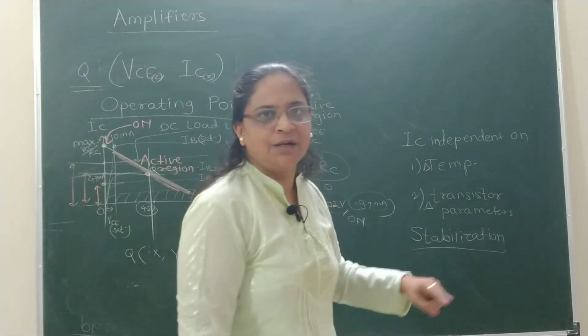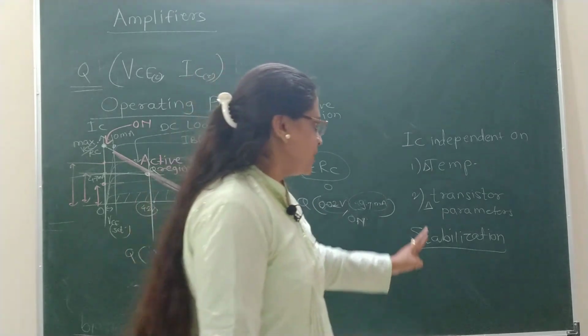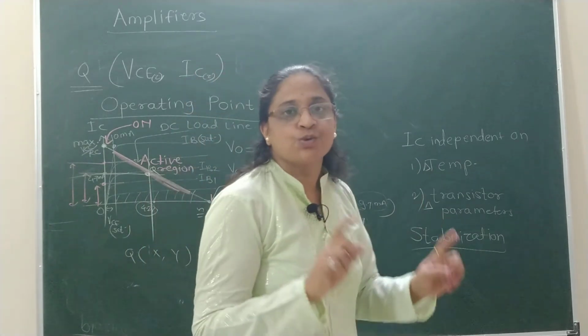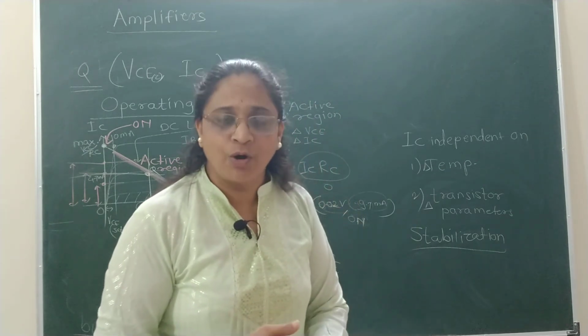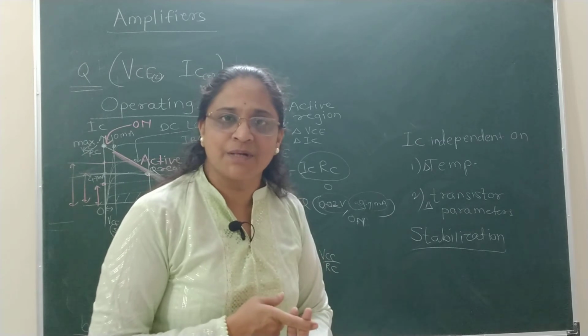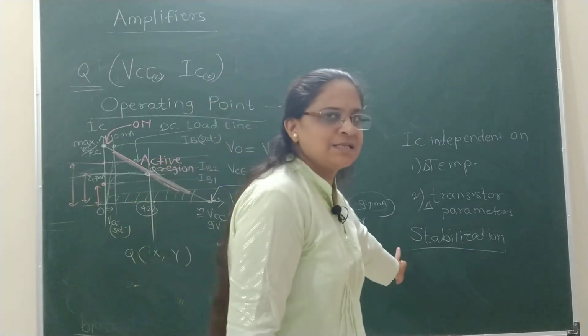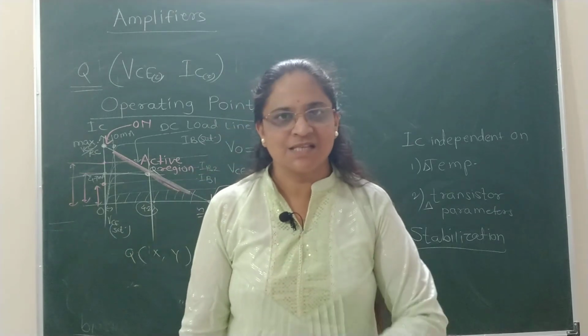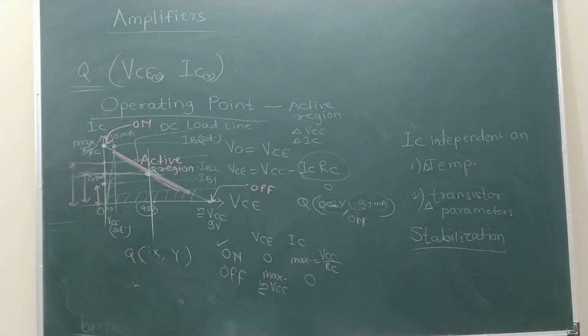It may change dependent on temperature, or there may be variations of transistor parameters if the transistor gets replaced. So making IC independent of temperature variations and transistor parameter variations is called stabilization. How stabilization is essential is our next point to discuss.